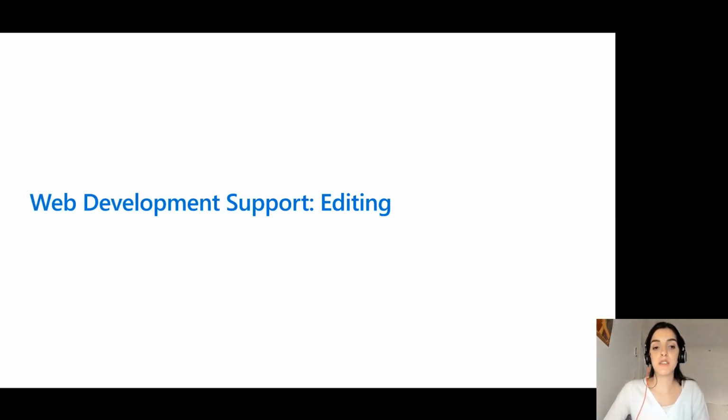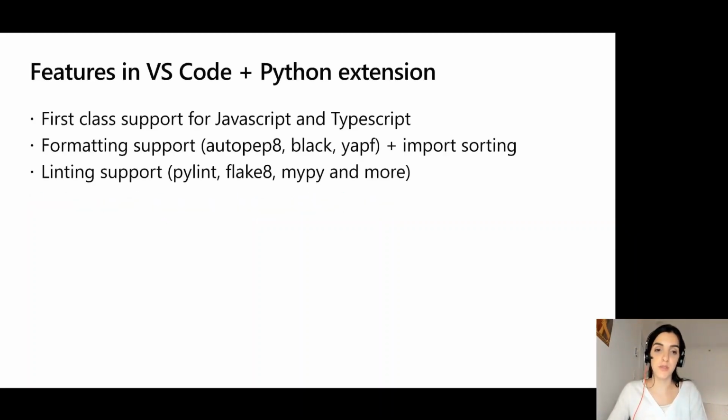Now I'm going to take a look into how that fits into the web development work. So again, I wanted to have that script to create an image and then use that in the Flask application. A few features that are very helpful when it comes to web development with VS Code and the Python extension is that VS Code offers really amazing support for front-end development.